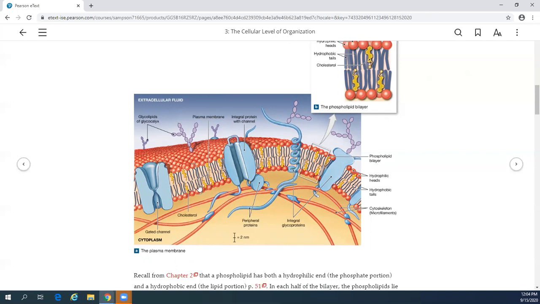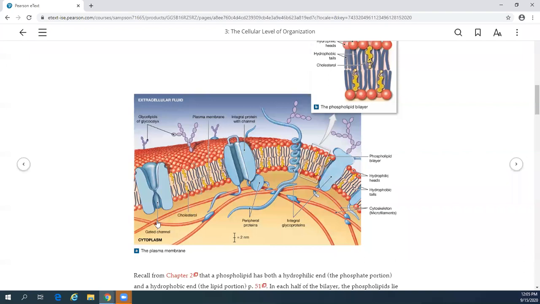All right. So if this is hydrophobic, the tails mean it's water fearing, right? Hydrophobic, which means that it's like a lipid or a fat, which makes sense. That's why we then have cholesterol. As you look up here, we have cholesterol in here, and that cholesterol actually gives this plasma membrane structural support. We have these integral proteins that have passageways in here.